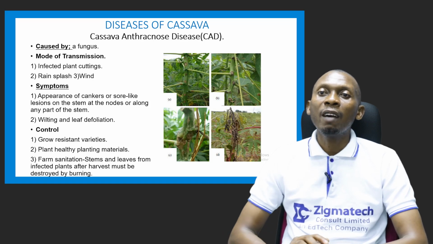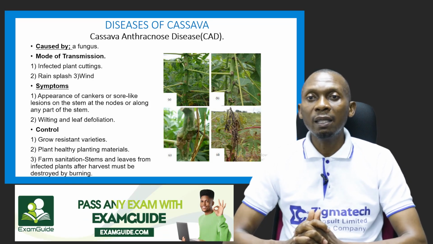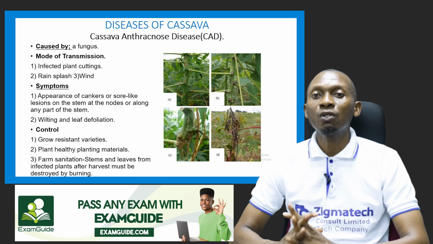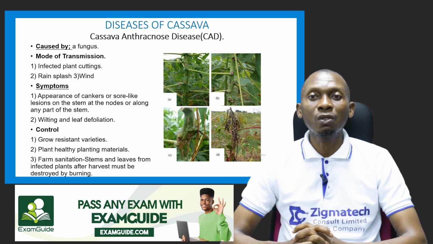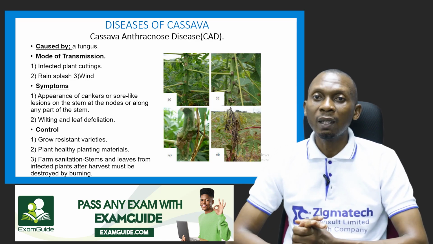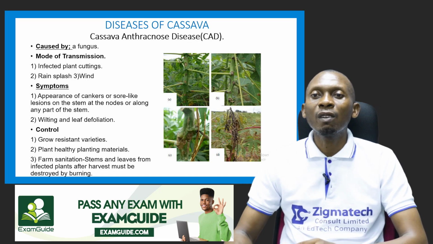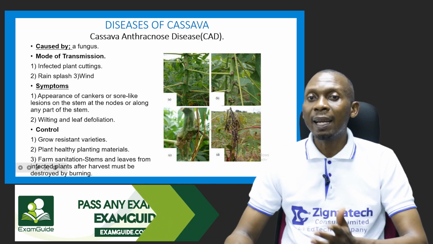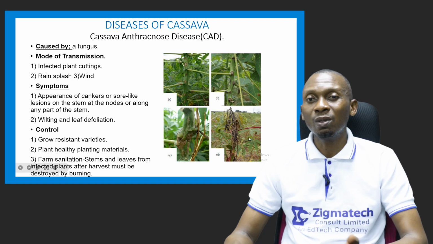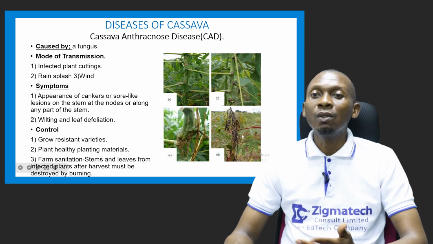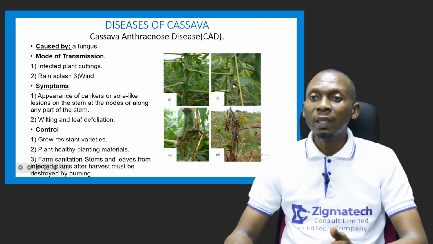We have cassava anthracnose disease, CAD, which is caused by fungus and is transmitted through infected planting cuttings, rain splash, as well as wind. And here you can see appearance of cankers or sore-like lesions, which are like wounds on the stem at the nodes. Look at it, at the nodes. Is that clear? See them at the nodes or along any part of the stem.